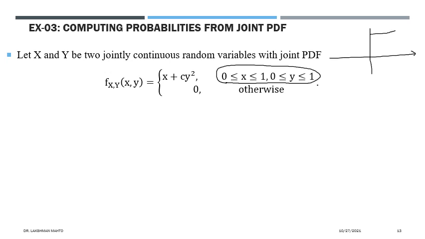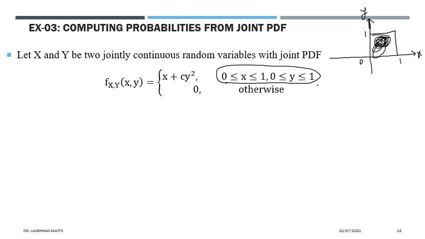Here you can observe this one is 0, this one is 0, this one is 1. This is the domain in which the density is nonzero, x taking values along the horizontal axis, y along the vertical axis.